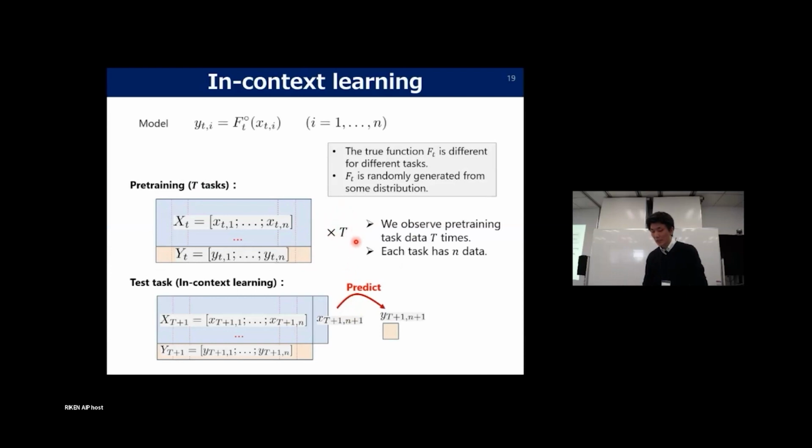Suppose that you have T tasks, and in each task you have a function f_t^o, the true input-output relation in the t-th task. In each task f_t^o is fixed, and you have n data points, giving this training data. We observe these pre-training tasks a large T number of times.